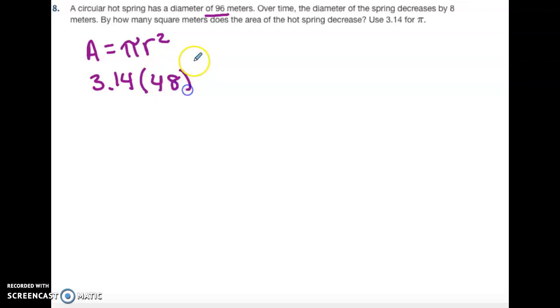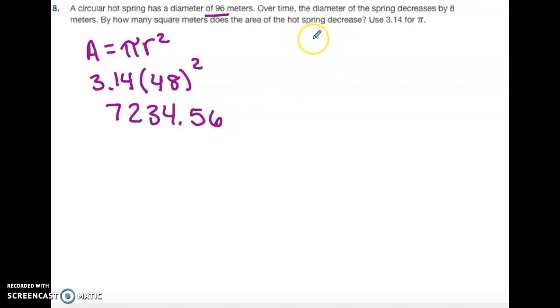Last problem. A circular hot spring has a diameter of 96 meters. Over time, the diameter of the spring decreased by 8 meters. How many square meters does the area of the hot spring decrease? Okay, so let's find the area of the original first. So area is pi r squared. So 3.14 times the radius. Radius is half the diameter, so half of 96 is 48. The original was 7,234.56.